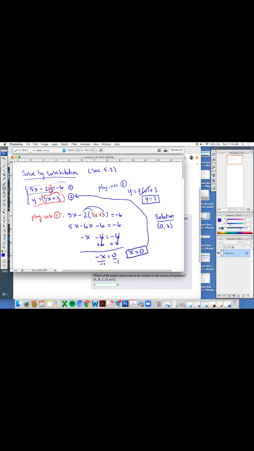And then you plug that back into the equation to figure out what y is. So this first step is plug into 1. That gets rid of the y. And you continue and figure out x. And then once you get your x, you go back into the original equation to figure out what y is. Okay. All right. Thank you.